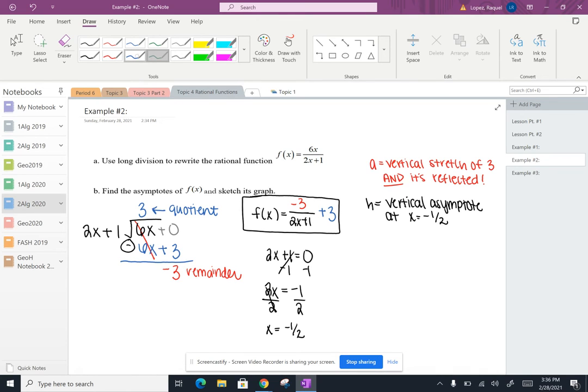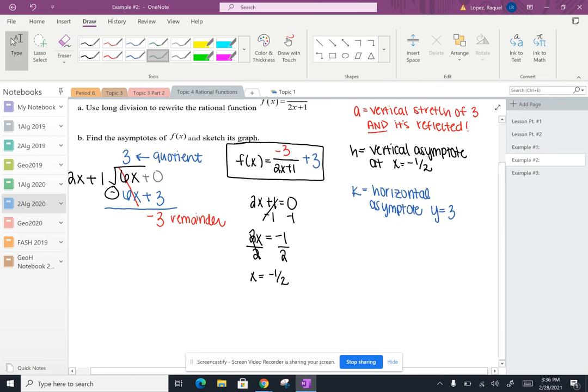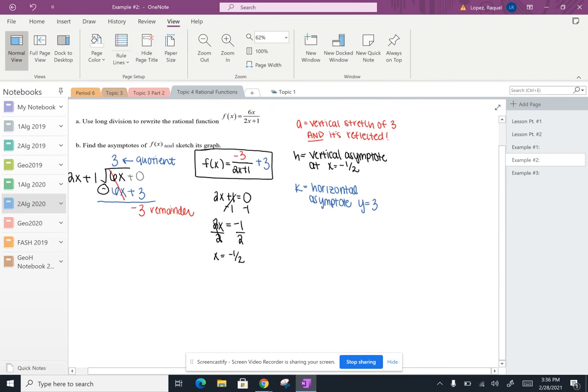And then the last thing we need to do is say what our horizontal asymptote is, so what's in place of the k. So we've got a horizontal asymptote at y equals 3. All right, the next thing we want to do is put this into a graph so that we've got a good first sketch. Let's zoom out here.